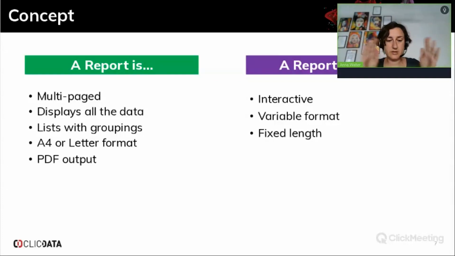The concept is actually a list of things that you show and that are grouped in certain ways. The report is usually an A4 or letter format. It's a perfect format that can be printed, and of course, you can also share it as a PDF output.